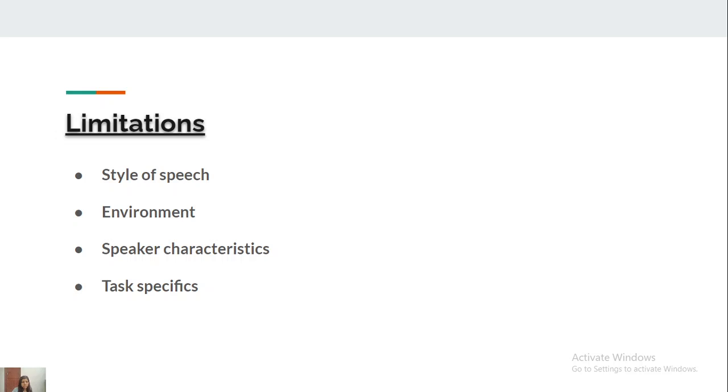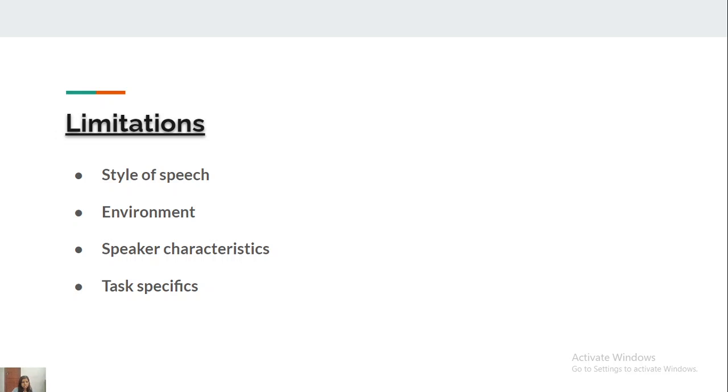For example, a 5-year-old and a person in 60s speak very differently. So these all depend upon the characteristics of the speaker. So the automatic speech recognition system must be able to be robust.